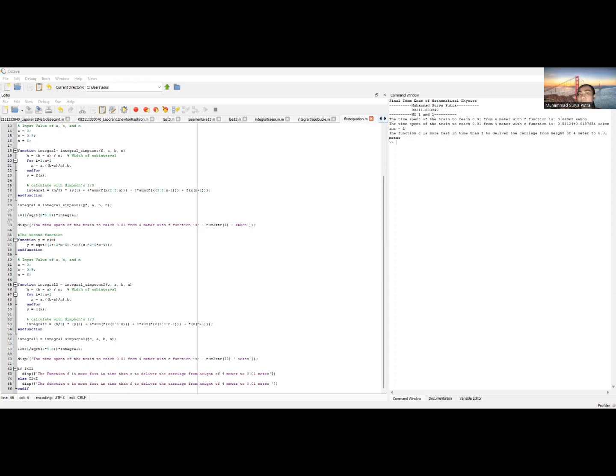From the hypothesis that I made before, to shorten the time, we usually minimize the distance, which in this case is very clear: the c function is faster than the f function, as the hypothesis that I said before matches.